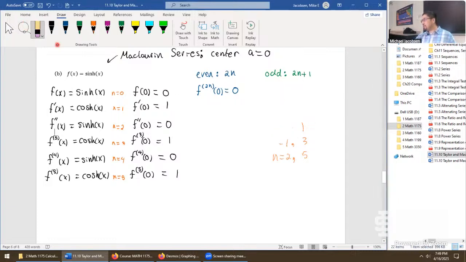So that's scratch work for seeing what this is trying to say, 2n plus 1. But now we can say, let me say this better, the odd order derivative of f at the center 0 is always 1, no matter what. So those are the non-zero values.